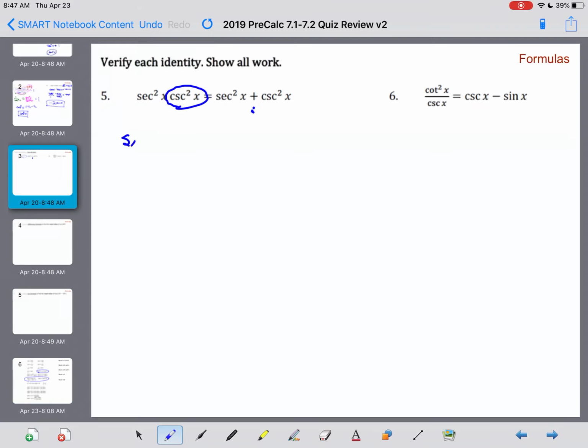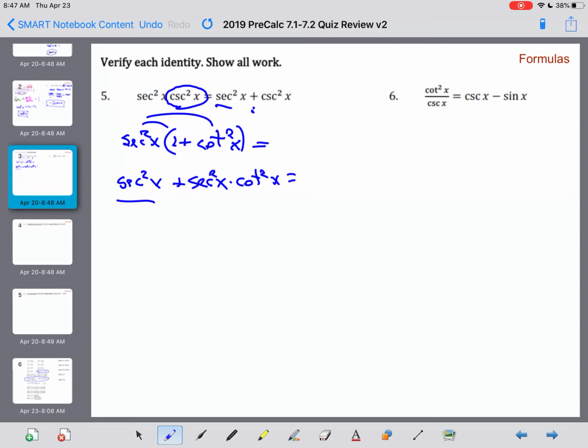I'm going to take this guy and work it in here. So I'm going to write this as secant squared x, and then that was 1 plus cotangent squared x, and then I'm just going to work on that left side. So now I'm going to distribute because I have a monomial times a binomial. So I'm going to get secant squared x plus secant squared times cotangent squared. Now this matches that, so I'm in pretty good shape there. So I'm just going to leave that guy alone.